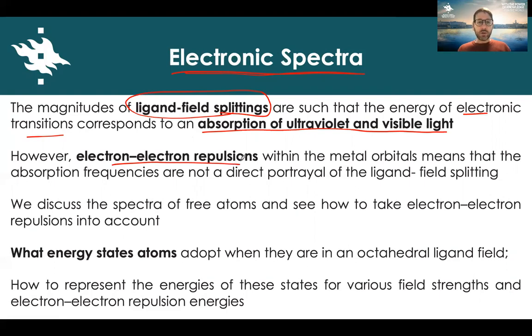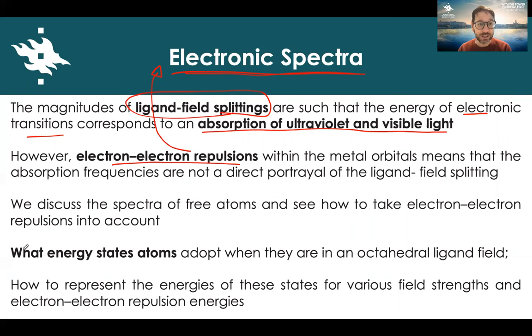So these electron-electron repulsions also contribute to the electronic spectra. The electronic spectra that we see are a combination of these ligand field splittings and the electronic repulsions. We will discuss the spectra of free atoms first to understand how to take into account these electron-electron repulsions.